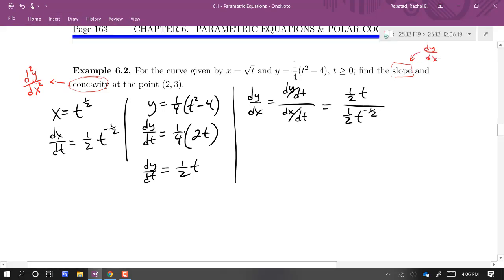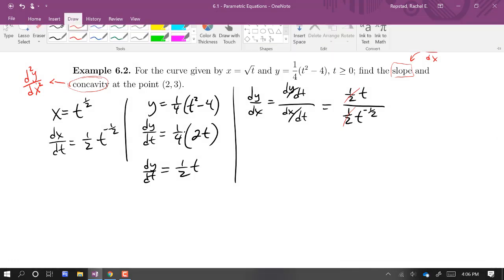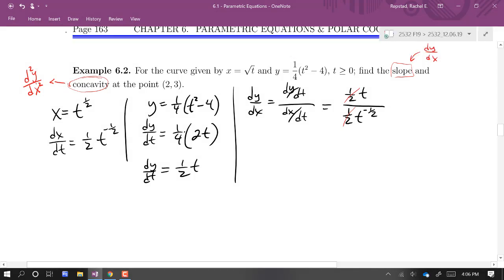The 1/2s cancel, and t over t to the negative 1/2 is t to the positive 3/2. So there's the derivative of y with respect to x. We haven't actually found the slope yet, and we will in a bit. But first, I just want to see if there's questions on how we got this far.